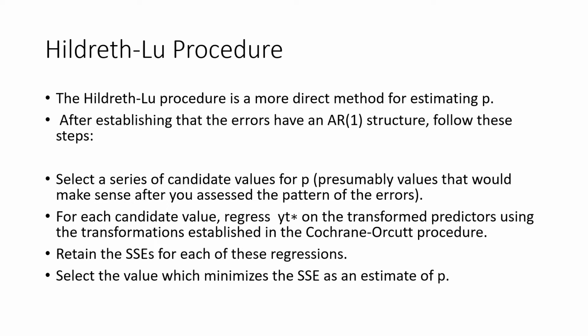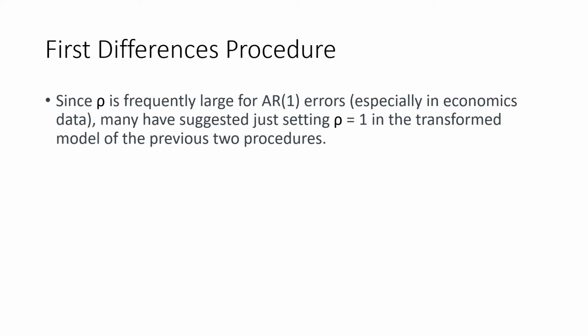Then for each candidate value, regress Y_t star on the transformed predictors using the transformation established in the Cochrane-Orcutt procedure. Then retain the sum of squared errors for each of the regressions. Then select the value which minimizes the sum of squared errors as the estimate of your rho.